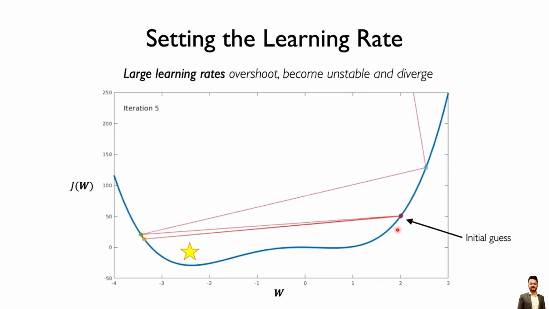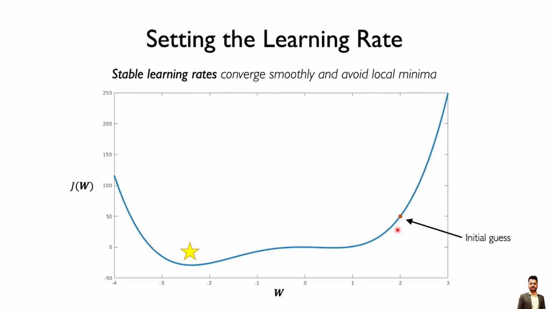So you might become unstable, and you are of no use. You cannot reach the minimum point. Now, what is the other method? We have to converge smoothly. We have to avoid the local minima. So initially we take a big step, and then we move slowly, and moving very slowly we will be reaching the minimum point.